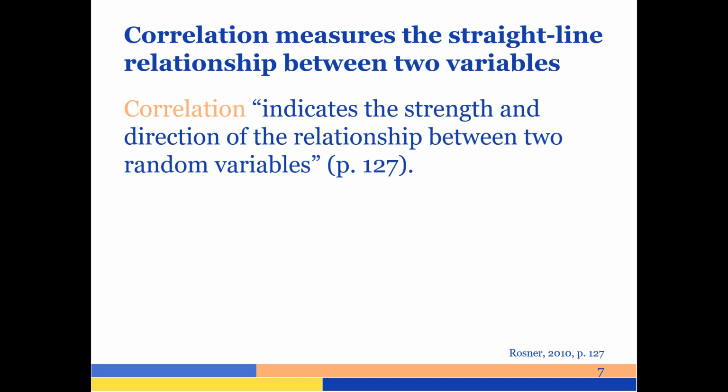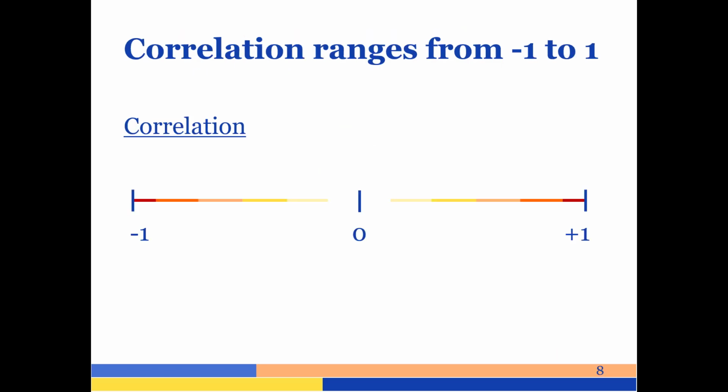Correlation is an important aspect of running a power and sample size analysis. Here you can read the definition of correlation according to Rosner. Correlation tells us two things about an association or relationship. It tells us the strength and direction. On the right side of this graphic, you can see a strong positive association.